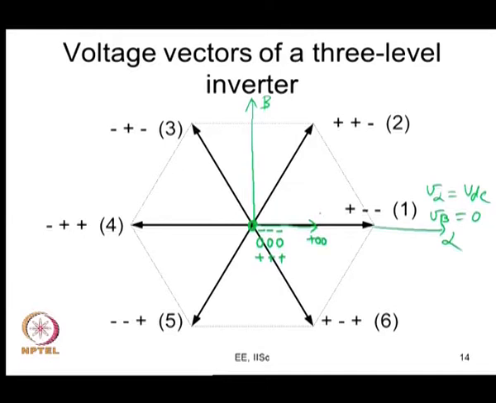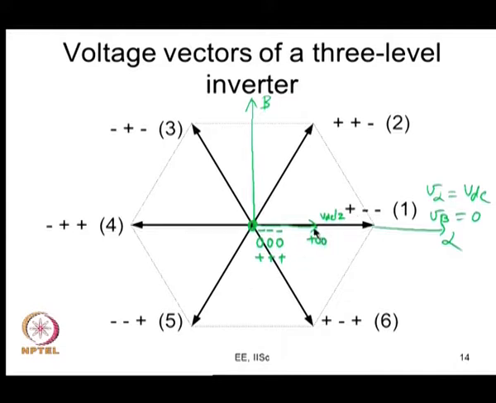This magnitude will be VDC by 2. Why? Because this is very similar to the case of a 2 level inverter, except that the DC voltage now is VDC by 2. So the line to line voltages here are VDC, 0 and minus VDC; here it is VDC by 2, 0 and minus VDC by 2, that is all.